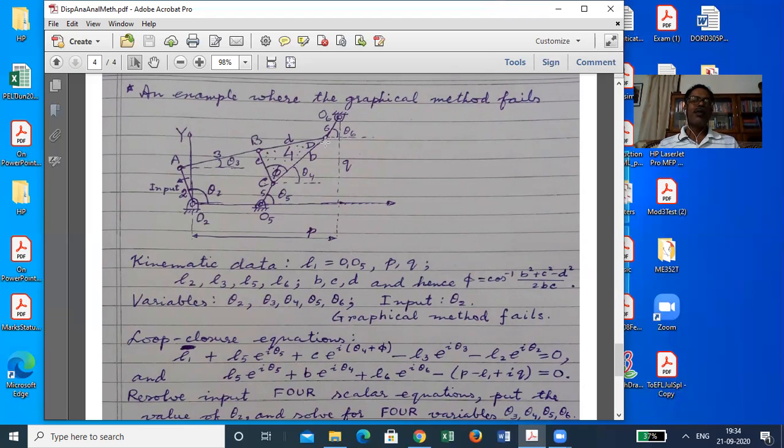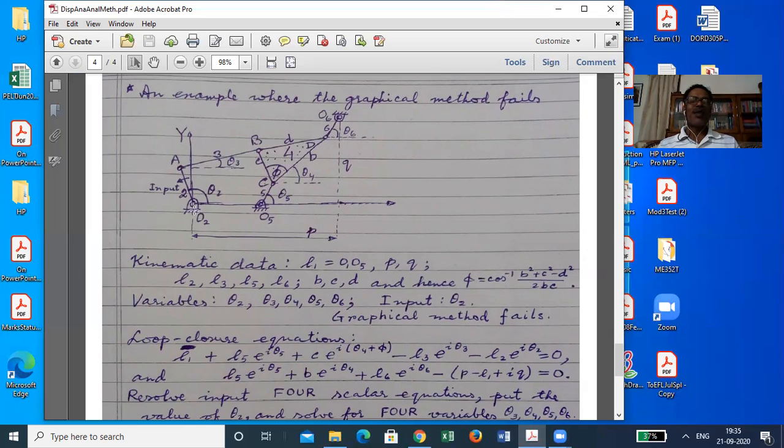Here they are linked through one binary, here through another binary, here through two binaries. Link 2, link 3, link 4 is the ternary link, then link 5, and then here link 6. Link 1 is the frame, and input is link 2. And now you see it is not dyadic.